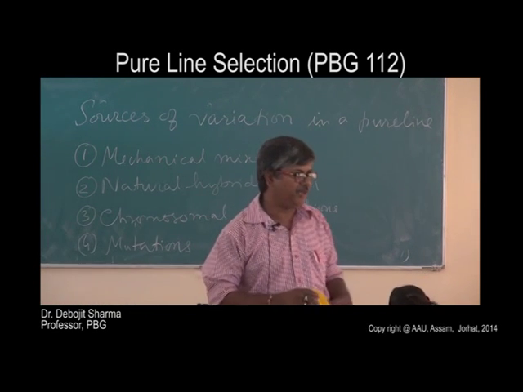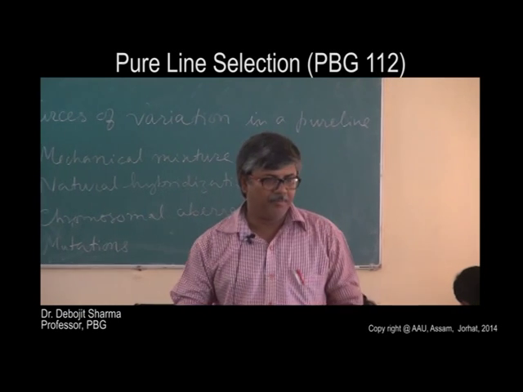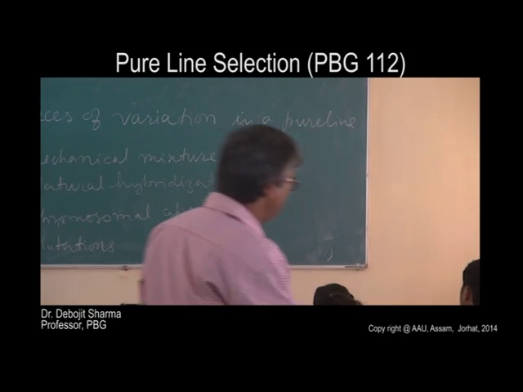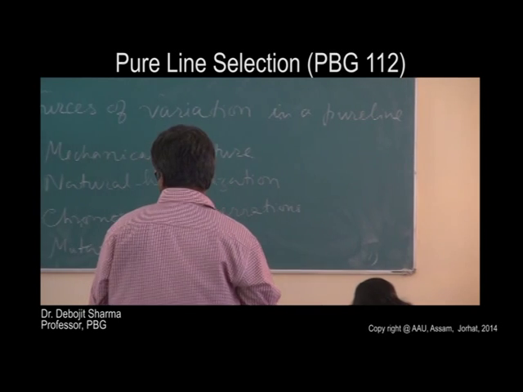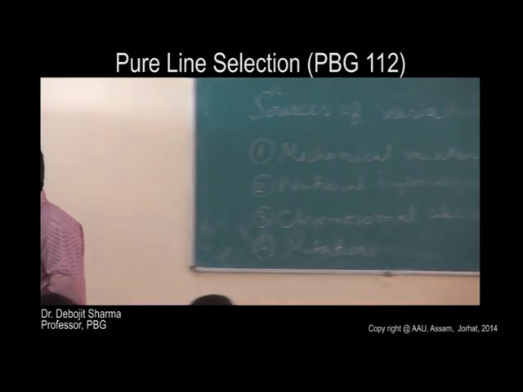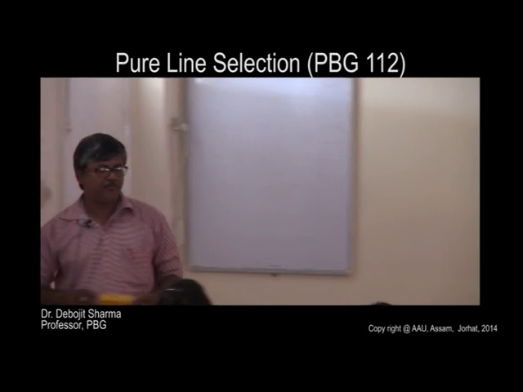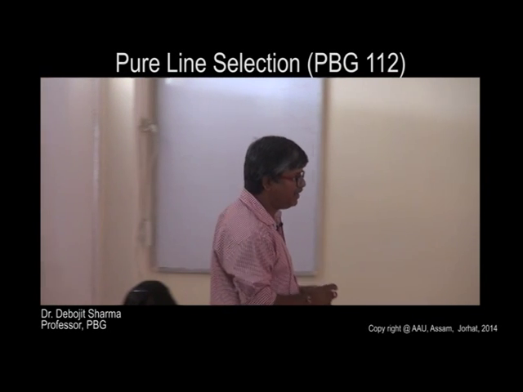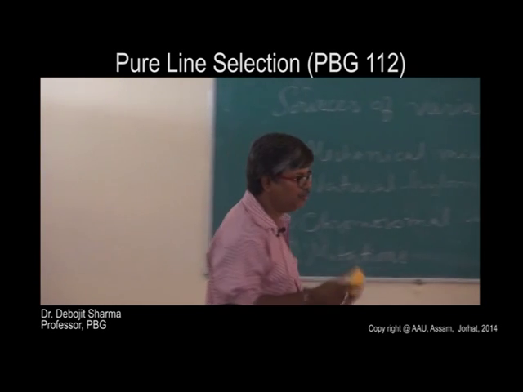These are the sources of variation in a pure line, because during the course of cultivation, it may get mixed with other pure line seeds during sowing, transplanting, harvesting, threshing, storing, transportation, all these operations.